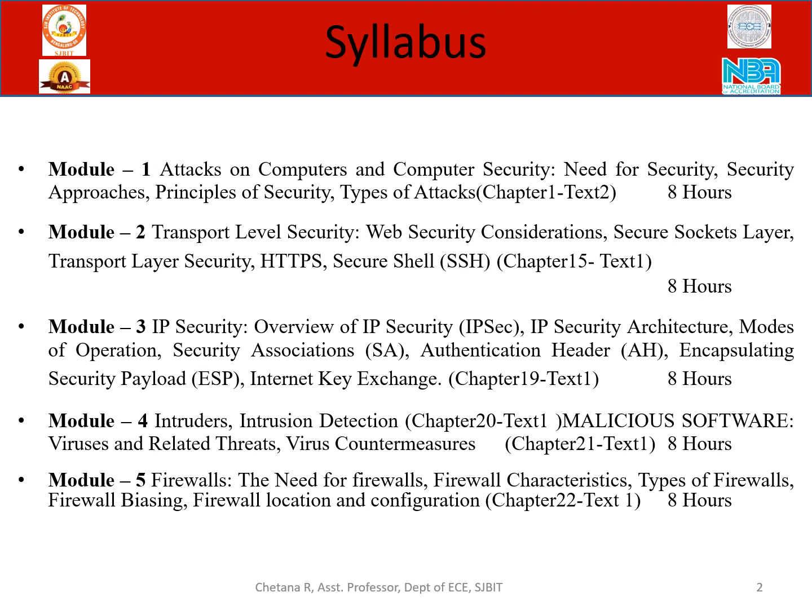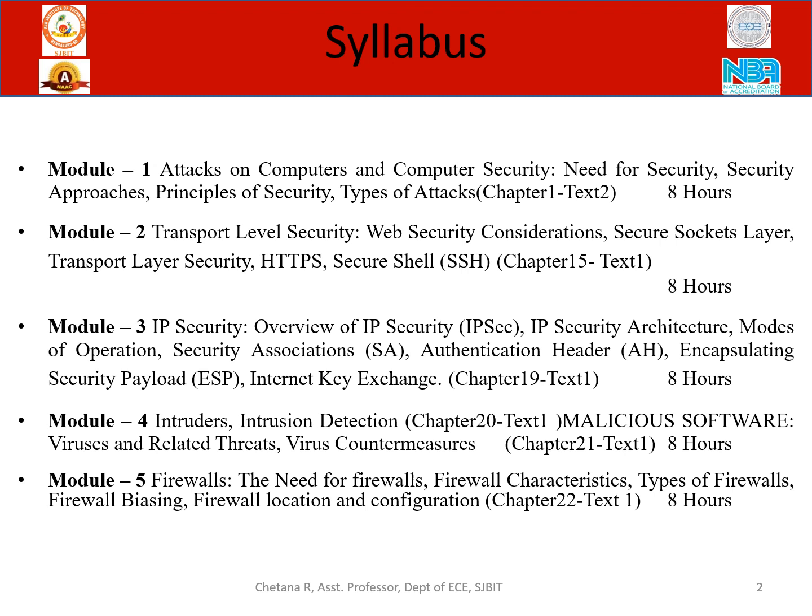So we'll find out who the intruders are, or in other words the hackers, and how to detect them. And you also have the software part, which is categorized as malicious software or malware, where viruses and the related threats associated with viruses are discussed along with the countermeasures for avoiding viruses.